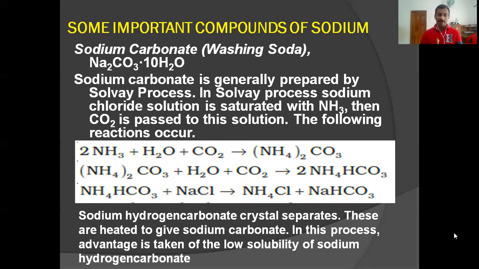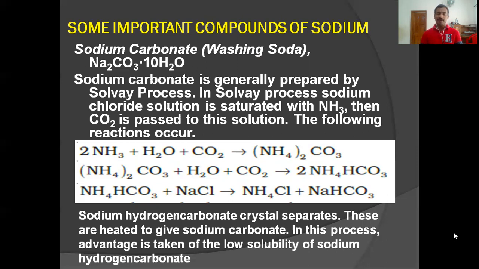Sodium hydrogen carbonate, or sodium bicarbonate, crystals separate because of the comparatively lower solubility of sodium bicarbonate. These are heated to give sodium carbonate. In this process, advantage is taken of the low solubility of sodium hydrogen carbonate, which helps the precipitation of sodium bicarbonate.